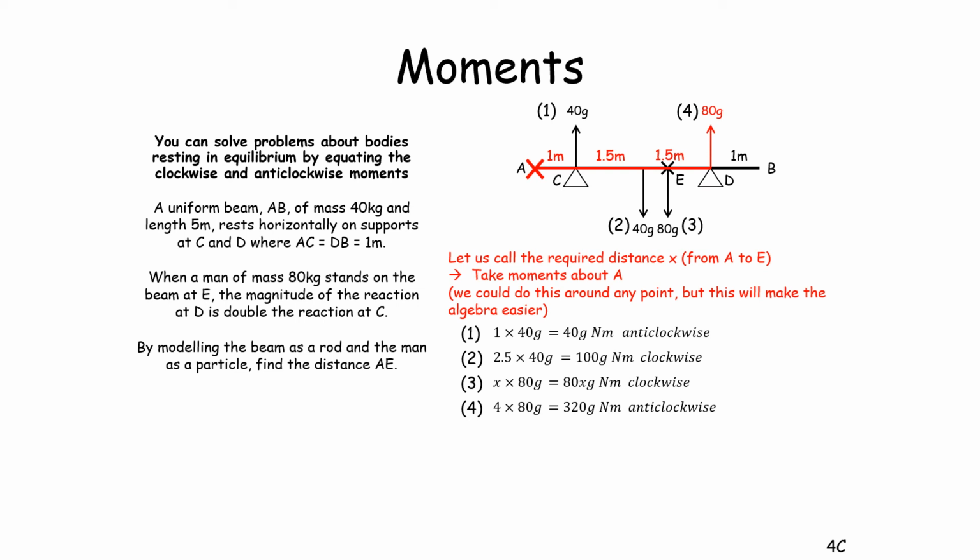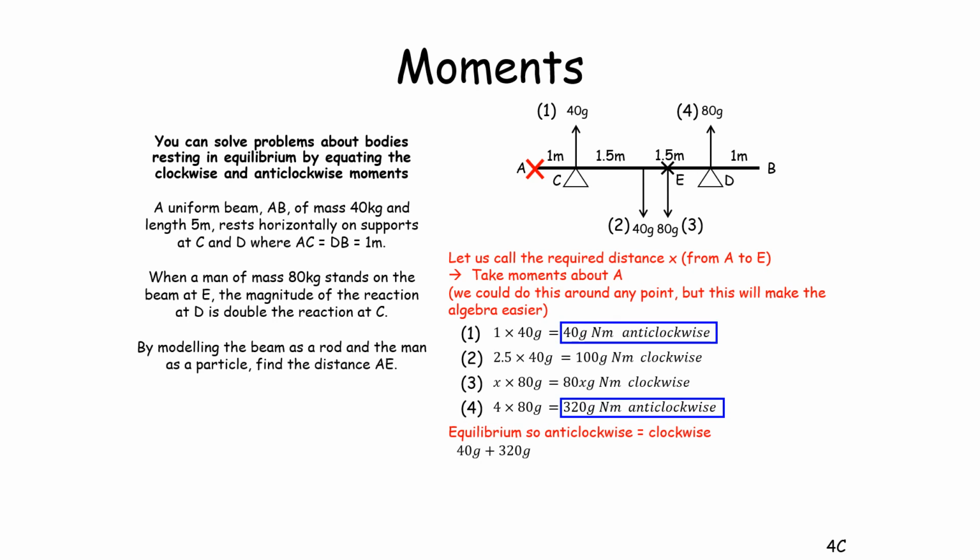So now, since this whole system is in equilibrium, we just have to do clockwise equal to anti-clockwise. So if we add up the anti-clockwise, 40G plus 320G equal to clockwise, which is 100G plus 80GX.